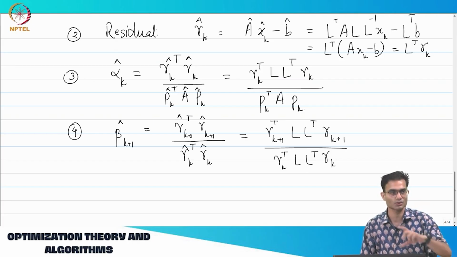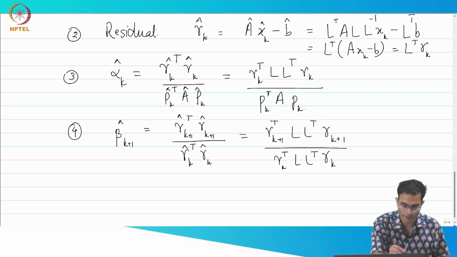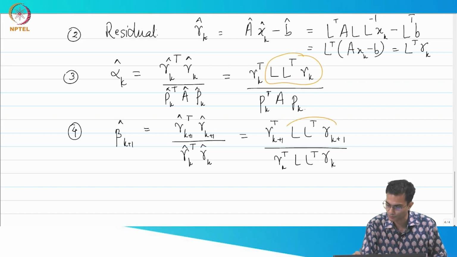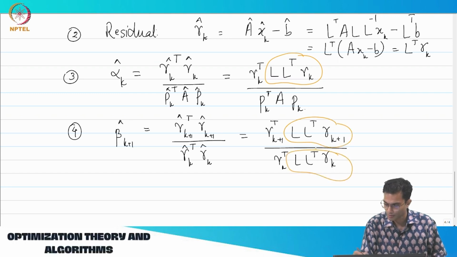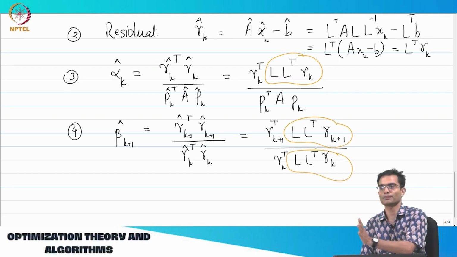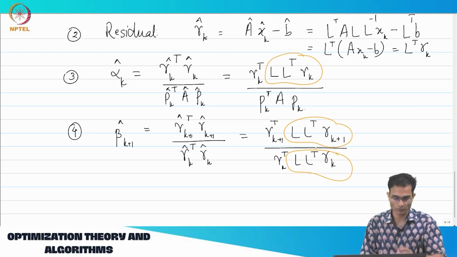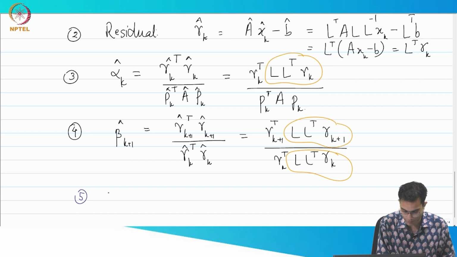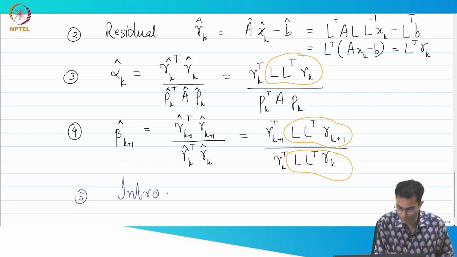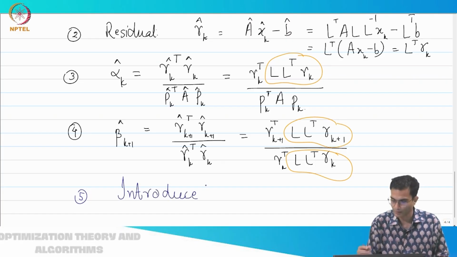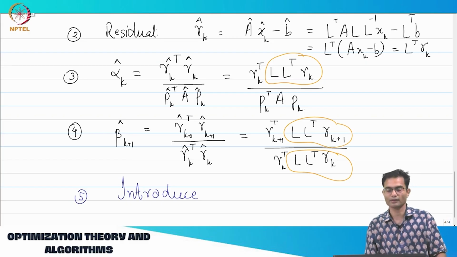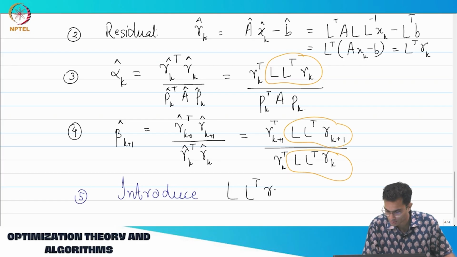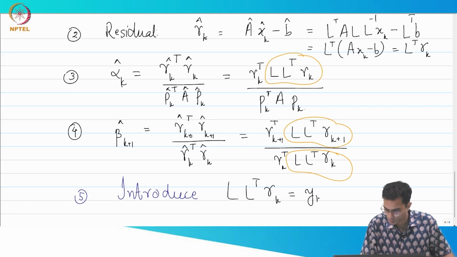So these two seem to be a little bit different, but the difference has a pattern: the appearance of this LL transpose is always accompanied by the residual term. Okay. So the clever thing to do would be, at this point, to introduce a new variable. Let's call LL transpose rk a new variable, yk.